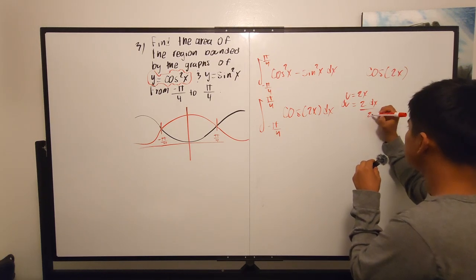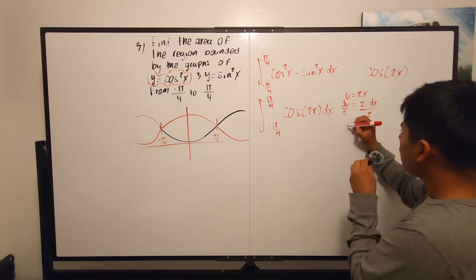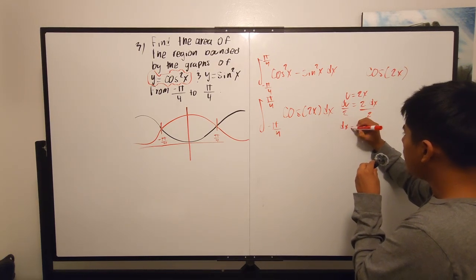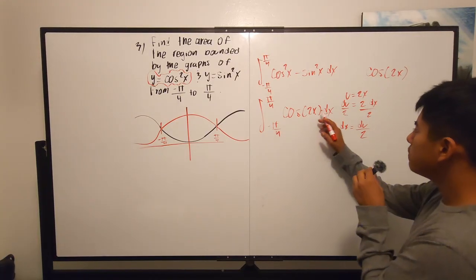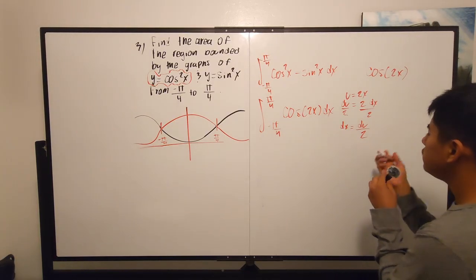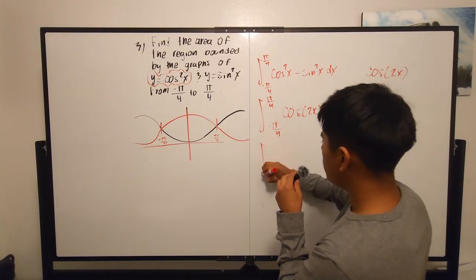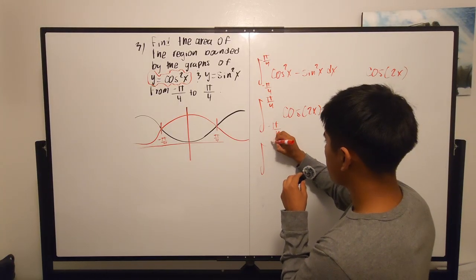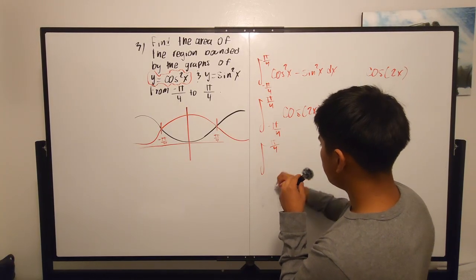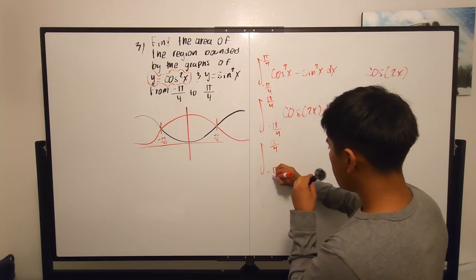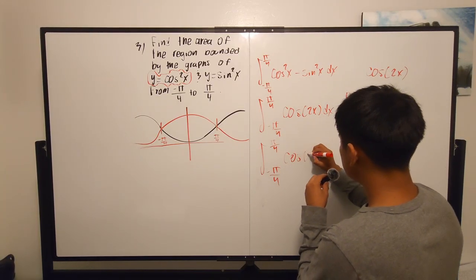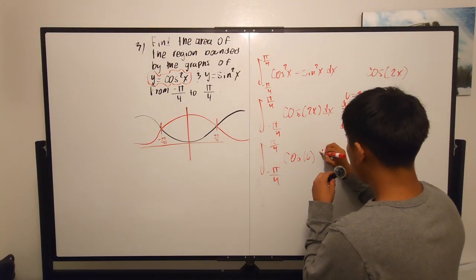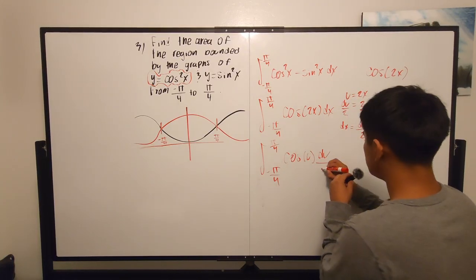So if we divide by 2 here, now we have dx equals du over 2, and now we can rewrite this in terms of u. So we'll have the integral from pi over 4 to negative pi over 4 of cos of u, du over 2.